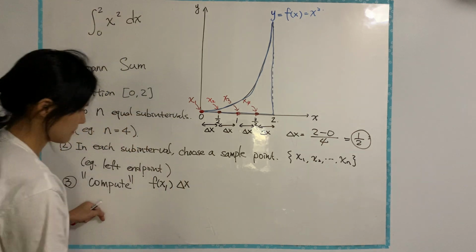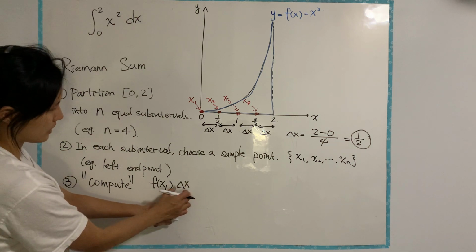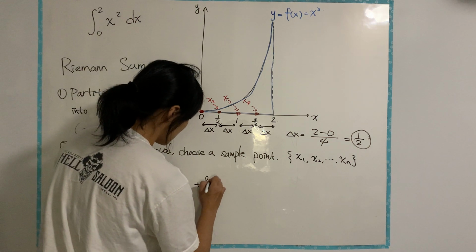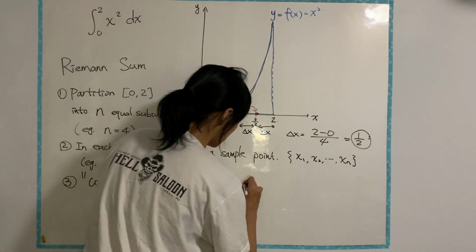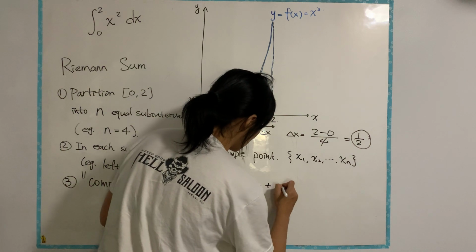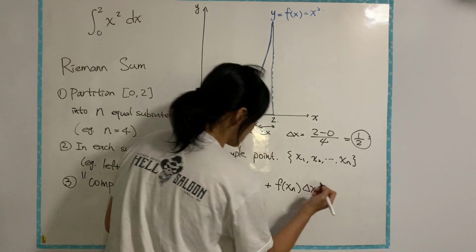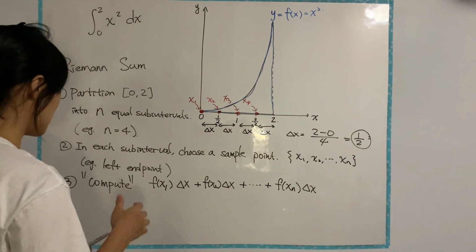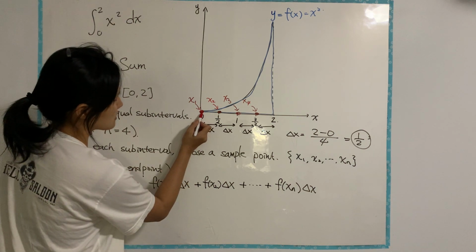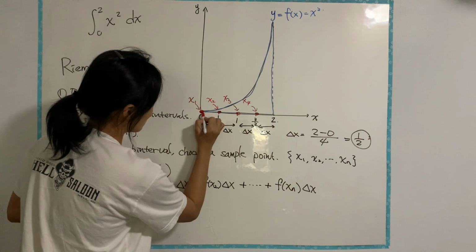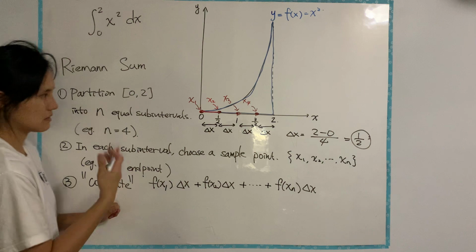Okay, so I want to compute f of x1 times the width delta x plus f of x2 times the width delta x, and I want to continue this till I get to the very last point, which is f of xn times delta x. Okay, I'll tell you what this gives us. From the graph, f of x1 is 0. So 0 times delta x, that's 0.